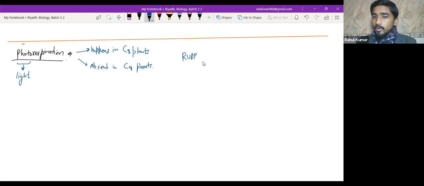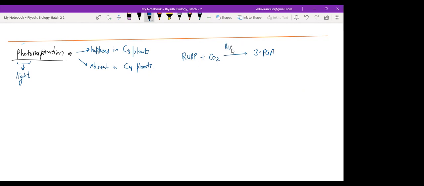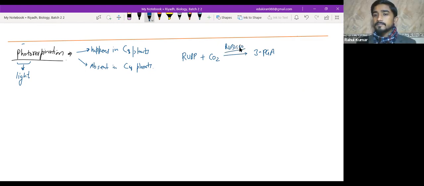This is RuBP, ribulose bisphosphate, and it has to bind with CO2 to form the first stable product of Calvin cycle, which is 3-phosphoglycerate, phosphoglyceric acid, PGA, correct? This is the first reaction. And I told you that it's catalyzed by this enzyme, Rubisco. And this is the most abundant enzyme.